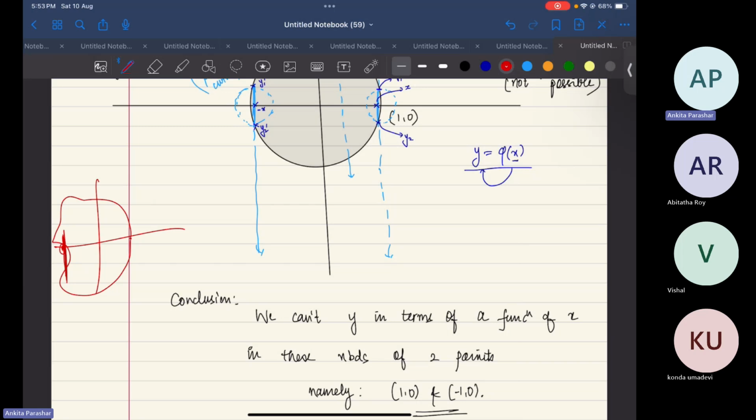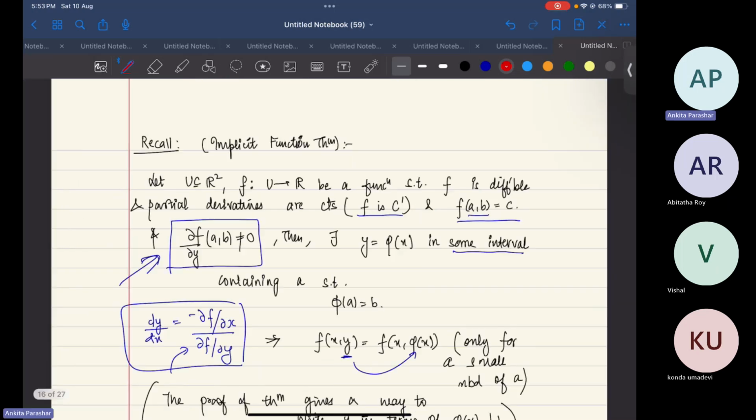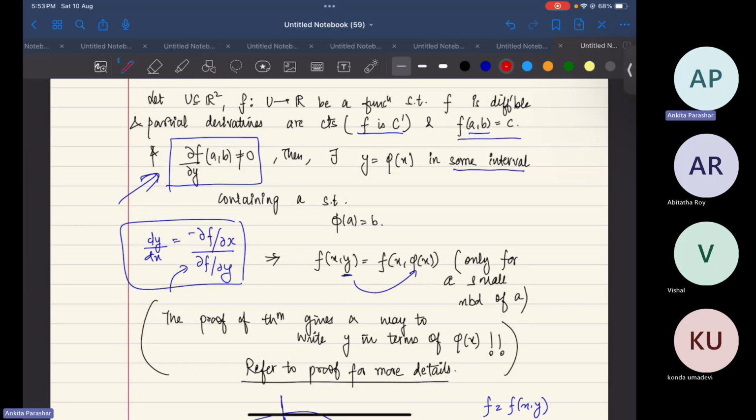If you want to see how many points cut the curve, just draw a line parallel to the y-axis and see how many points it cuts. If in a neighborhood there is more than 1 point, of course at that point you won't be able to write your function y in terms of x. So whenever your partial derivative is non-zero, then only you can write your function as a function of x.